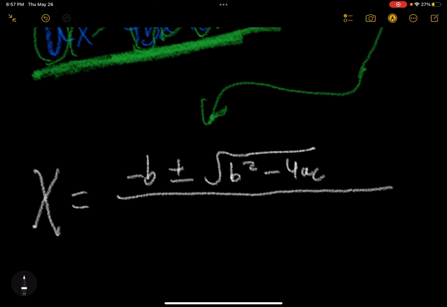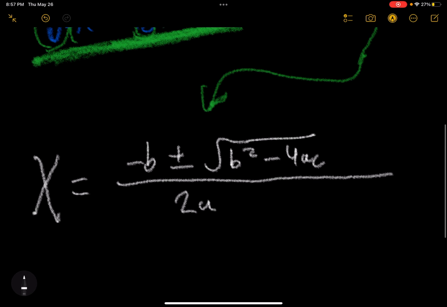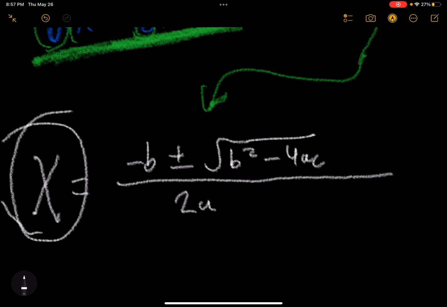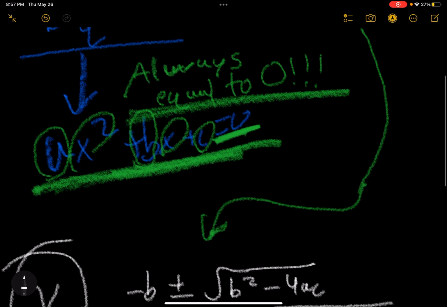The formula. So now, since you know the values of A, B, and C, and since it equals 0, and you have it in the quadratic equation form, and you don't know what x is, you can plug in A, B, and C, and you can find the value of x, which is right there. So that's really what the formula is. It's not something to be really complicated about.